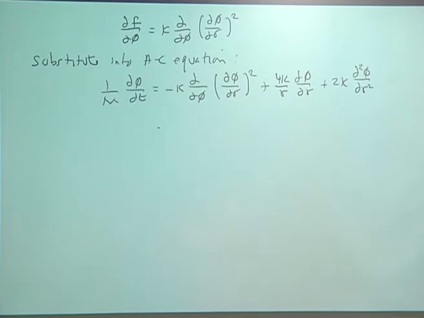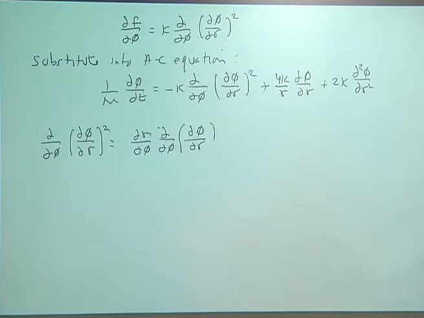let's look at this term here, rather than rewriting everything over and over again. Let me do it this way, save some time, save some of your pen. It's going to be equal to partial r with respect to phi. Use a chain rule, right?